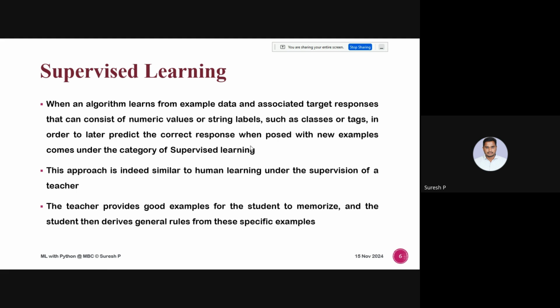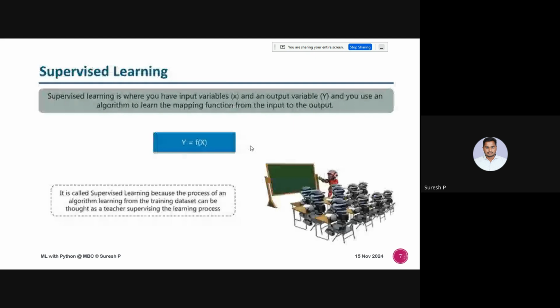So that is the concept of supervised learning. This approach is similar to human learning under the supervision of a teacher. Whenever we learn something from a teacher, the teacher will give input and also the respective output, and based on that, we will learn. So that is called supervised learning. Under the supervision of something, the algorithm will learn.